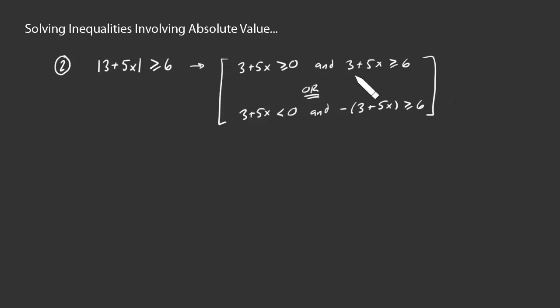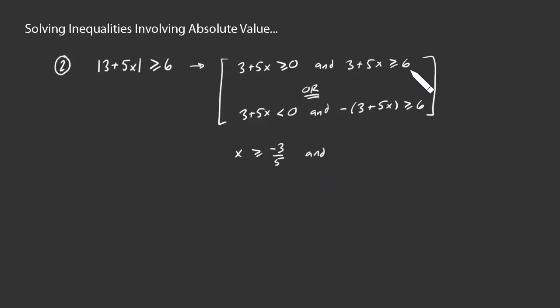Now, these cases can be simplified, of course. In the first case, to solve for x, we would subtract 3 from both sides and then divide by 5. Wouldn't that give us x is greater than or equal to -3 from the subtraction and then divided by 5?